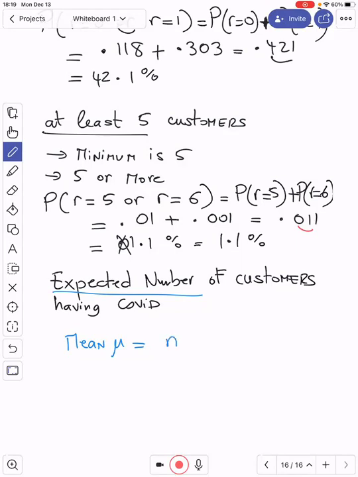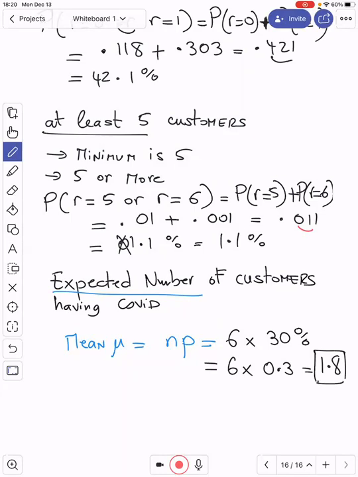It's just n times p. n is we have a group of 6. p is the 30%. So this is 6 times 0.3, because percent means division by 100. So 6 times 0.3, that's 1.8.